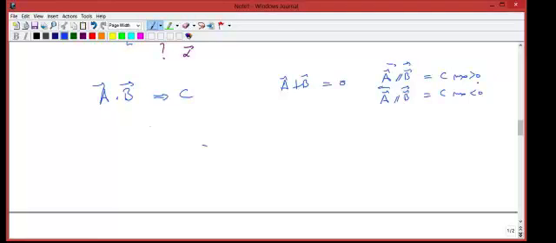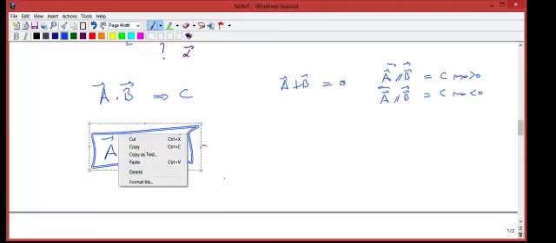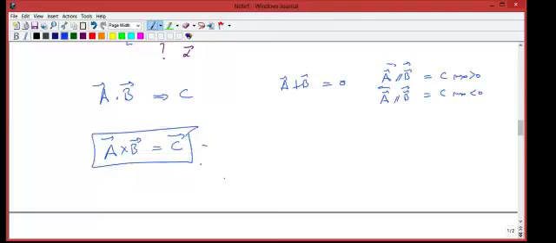Let's investigate the properties of a cross product. A cross B. This is going to give us a vector. That's the first difference between dot and cross. Those are two different operators that mathematicians have created. They don't know why, but they know how.